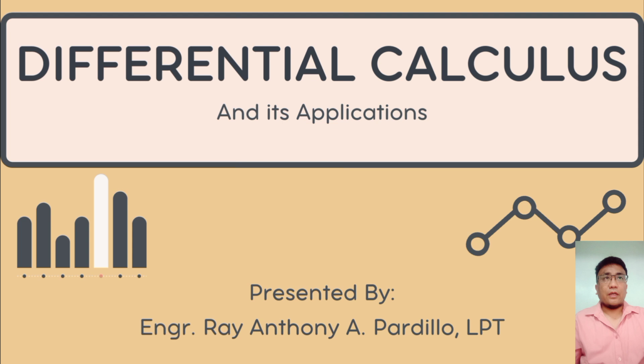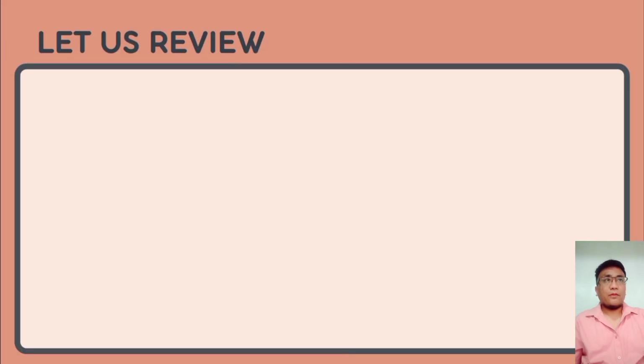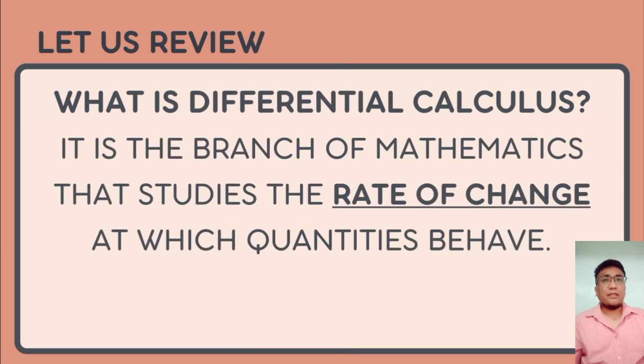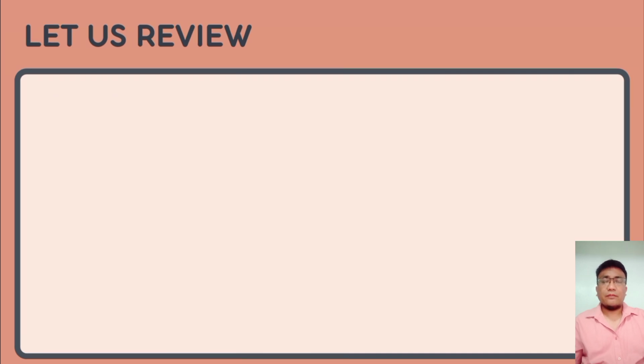So, our topic for today is about differential calculus and its application. Let us review what is differential calculus. It is the branch of mathematics that studies the rate of change at which quantities behave. So, what is the rate of change, by the way?